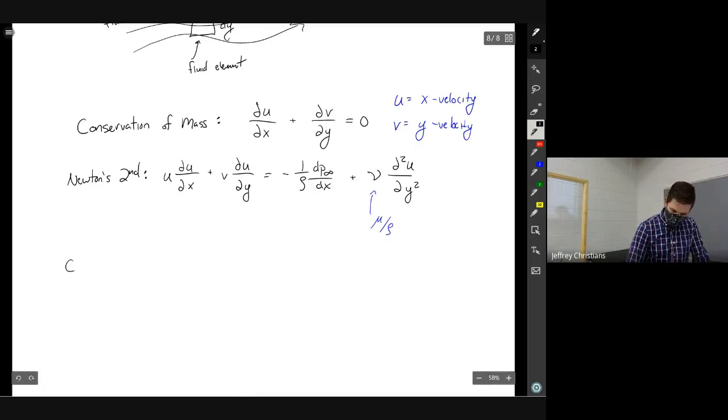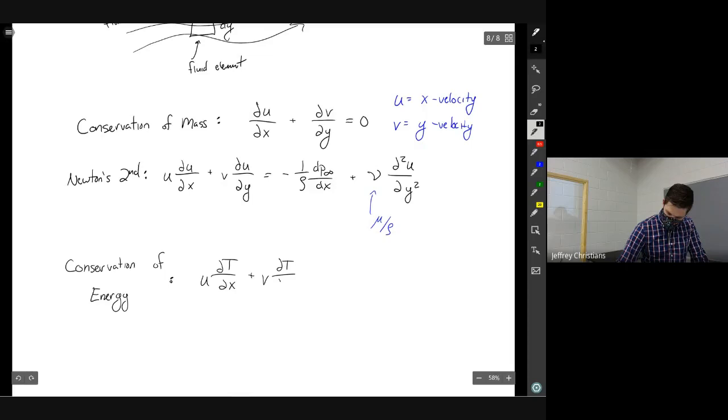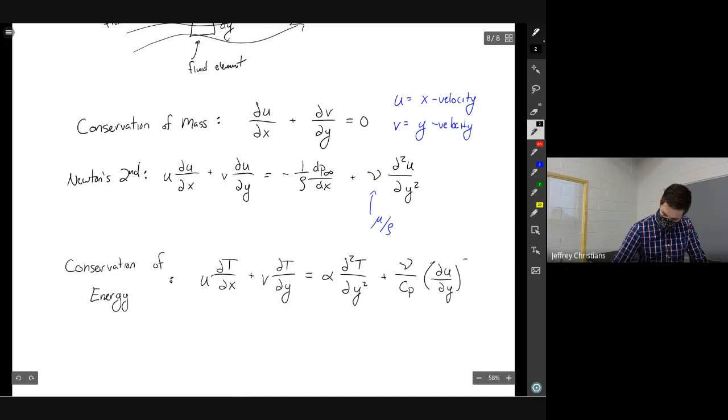Then conservation of energy. What that would look like is u dT/dx plus v dT/dy equals alpha d squared T/dy squared, plus nu over Cp, du/dy, and then that whole quantity is squared.